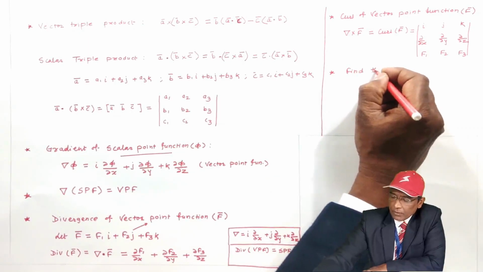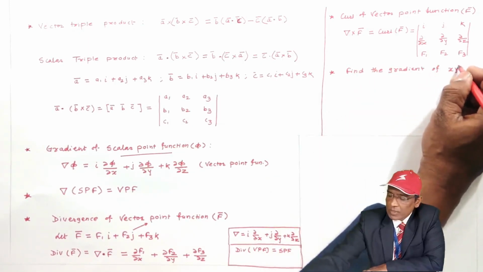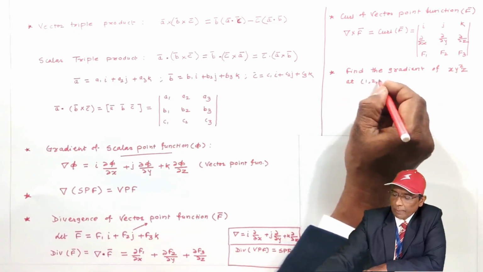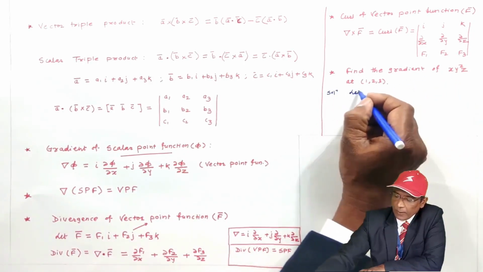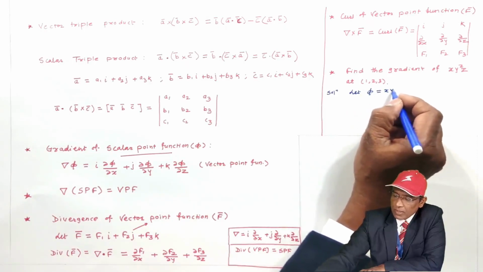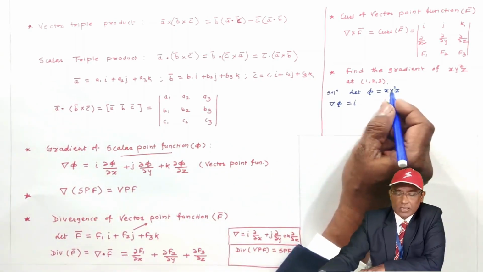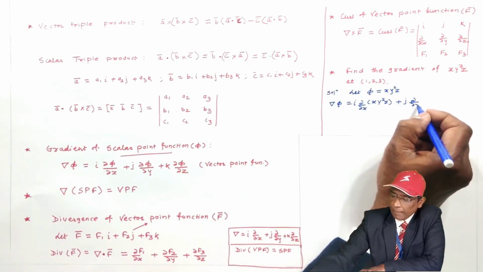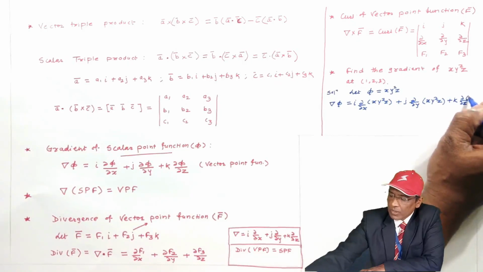Find the gradient of the scalar point function x y square z at the point 1, 2, 3. I am going to denote this scalar point function by phi, let phi equal x y square z. See, gradient of phi is i del phi by del x, j del y plus k del del z of x y square z.